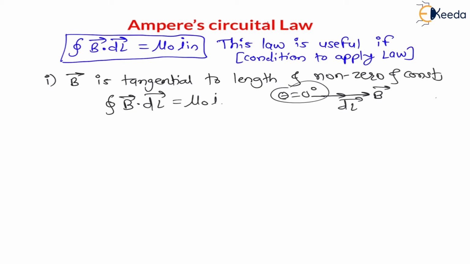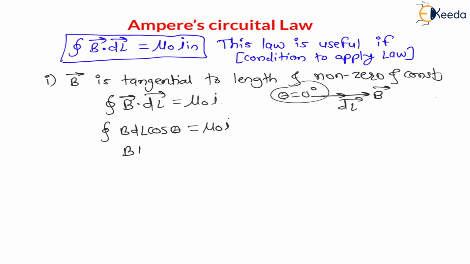Therefore the dot product becomes the cyclic integral of B dl cos theta, right, is equal to mu naught I inside. So my dear students, again what will become? The magnetic field is constant, cos 0 is 1, and the integration of dl is nothing but the total length of this loop.